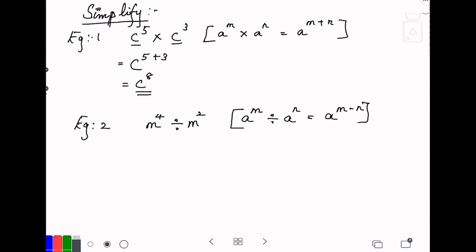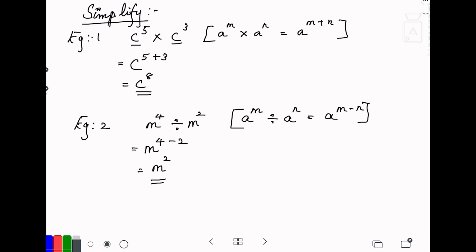Using the second law of indices, what will happen? I will write this because I have a division sign here, so I will subtract the powers. So therefore the answer is m power 2. I think you are clear with the basic problems based on indices.